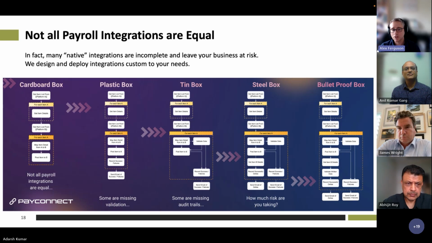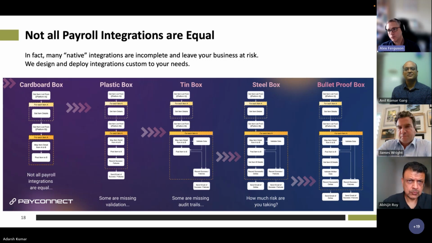To a tin box, we start looking at collecting any errors that might have occurred and any successes in terms of the data that's been posted into a payroll solution. Importantly, if we get this wrong, it means that people don't get paid. And so for a lot of larger organizations, the cost of that integration is well and truly outweighed by the potential negative outcome of not paying their people the right amount every single time.